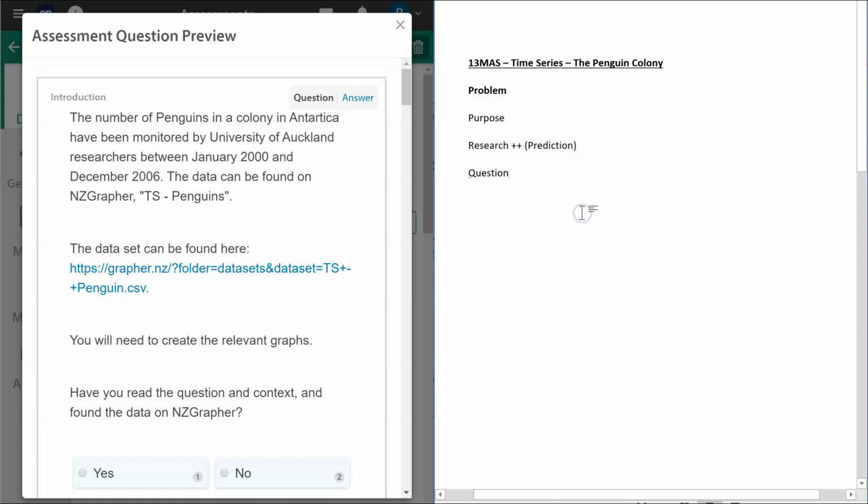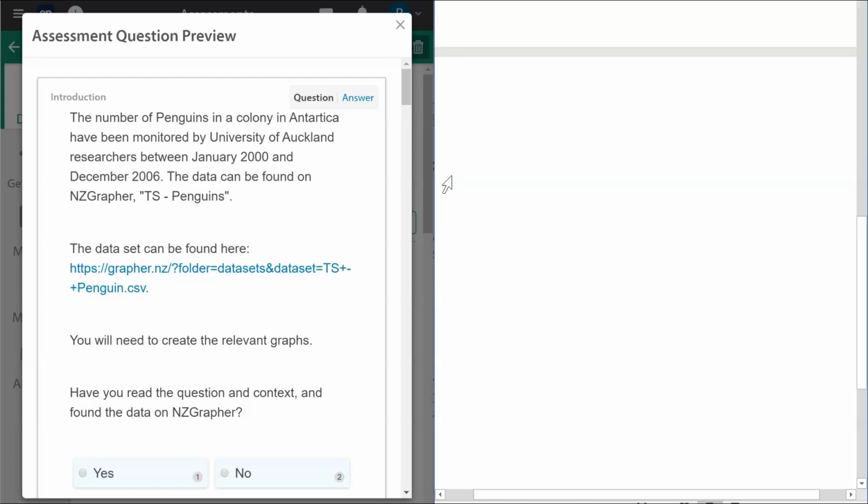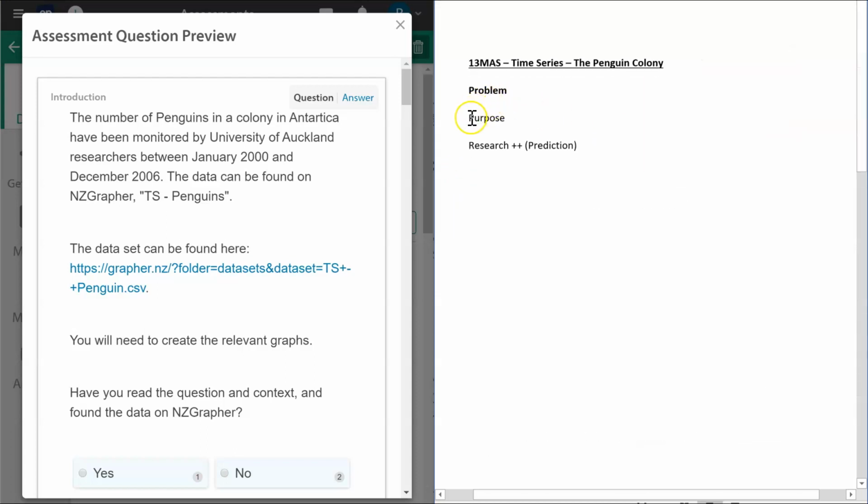So we now need to think about it. We've looked at the marking schedule, which is really important. These are the things we need. Let's rearrange them in order. I'm probably going to put the question up first.